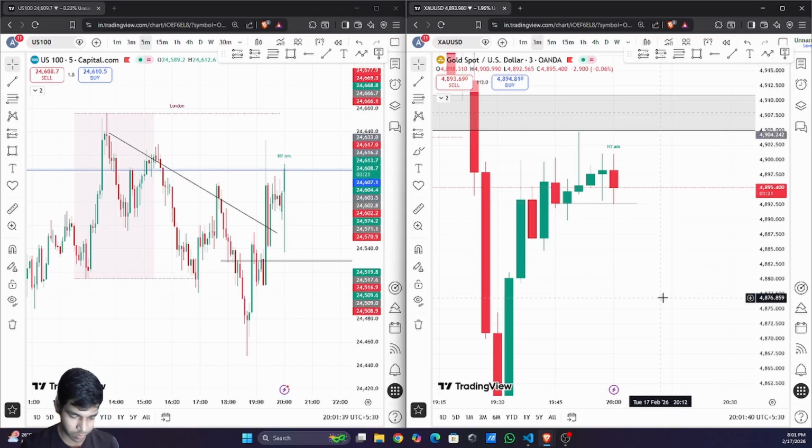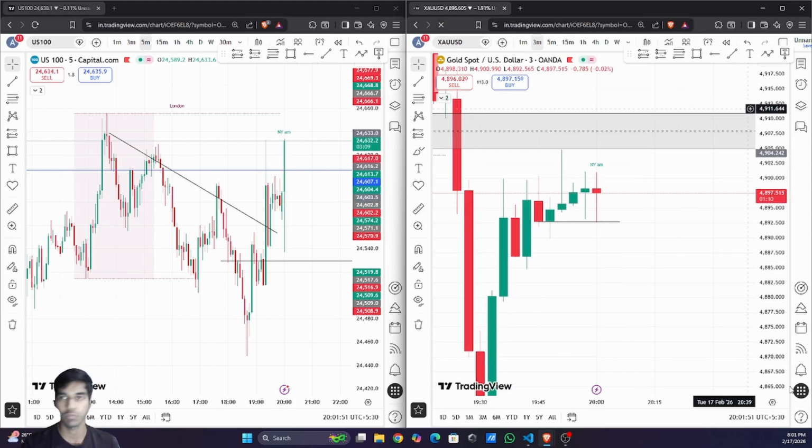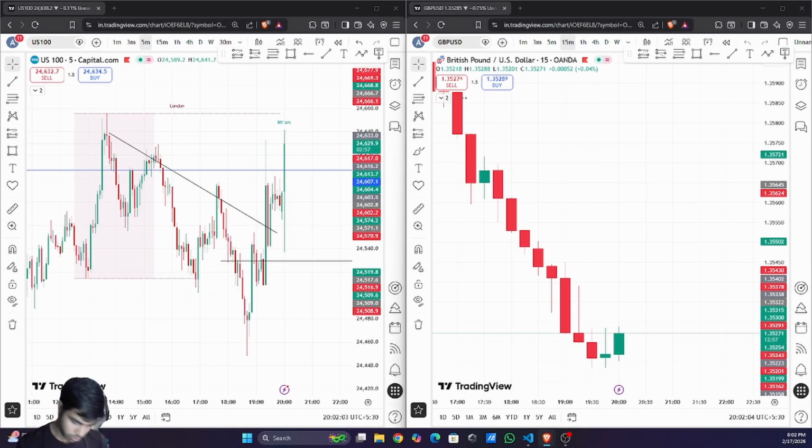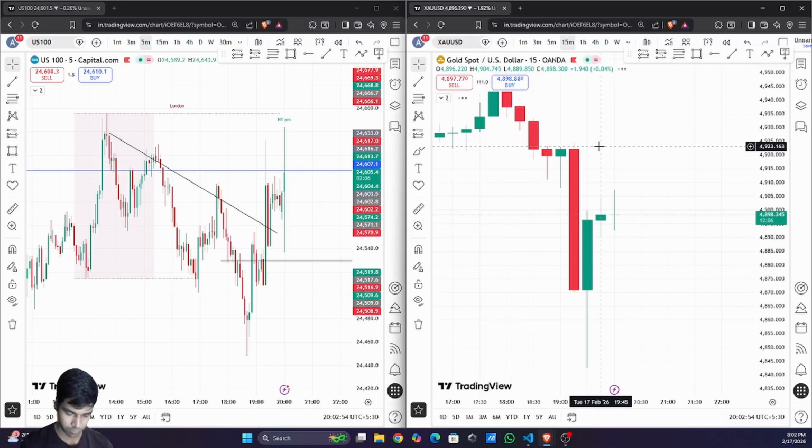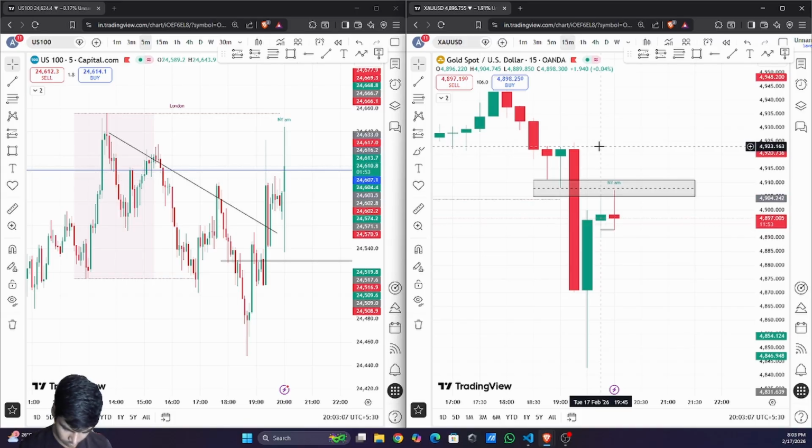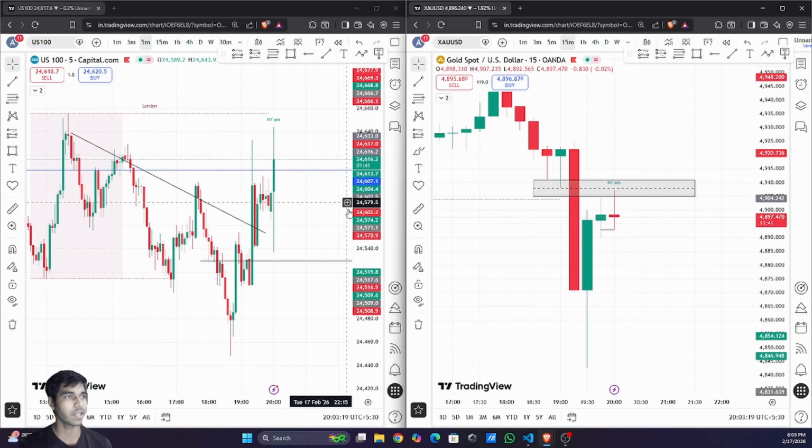Let's see. Gold is also giving the breakdown. So we have taken all the three entries. There was less time, so the entry wasn't perfect. And let's see.